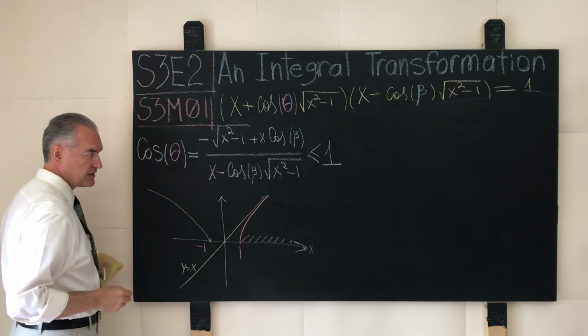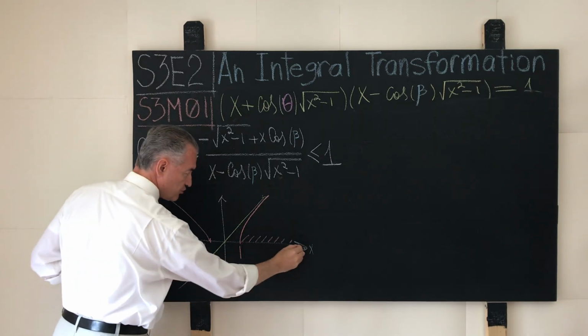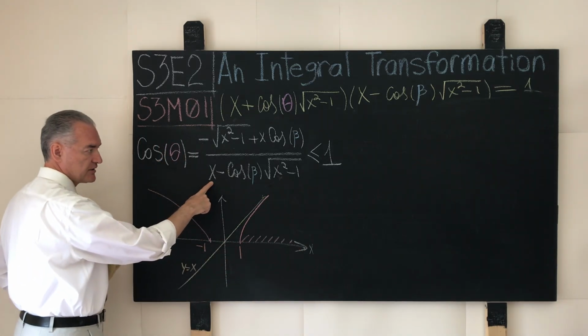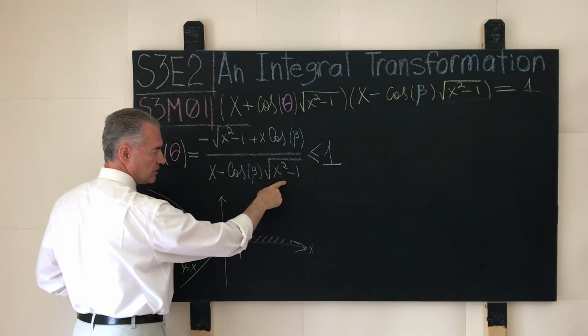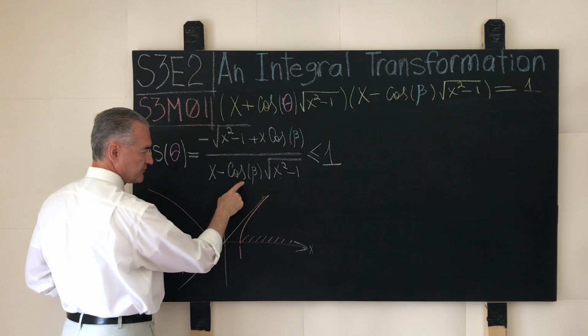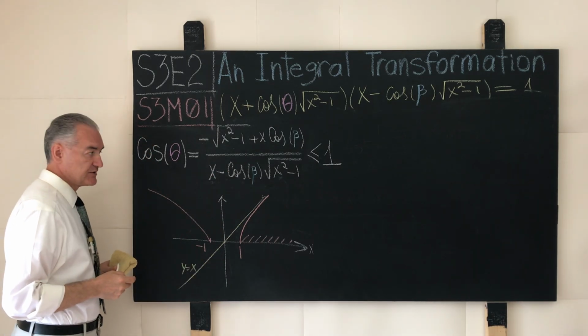So that tells us, because x is strictly larger than 1, that in this area of interest, the function x is always greater than square root of x squared minus 1. We multiply this by something that is also less than or equal to 1.